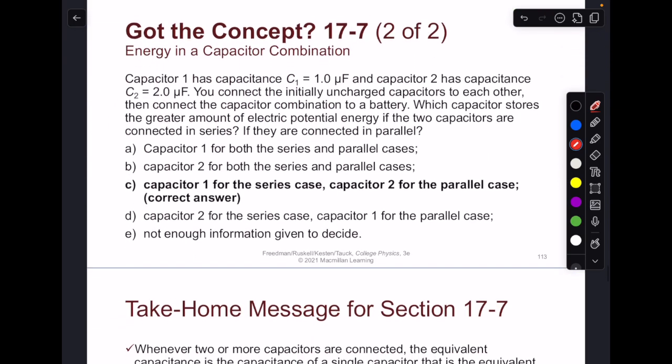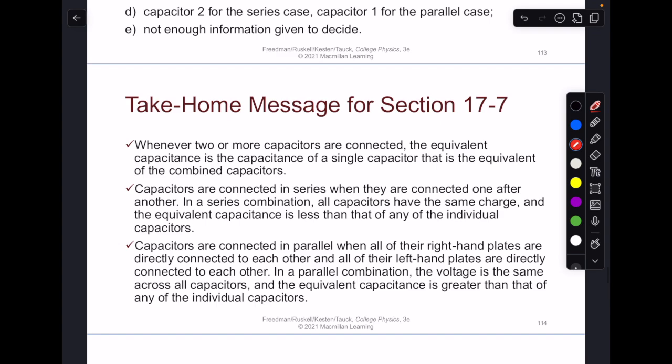And that's what we have down here. So to summarize this section, which is the final section that we will cover in chapter 17, whenever we have two or more capacitors that are connected together, you can connect them in either series or parallel or a mix, and the equivalent capacitance is calculated by examining which parts are parallel and which parts are series.